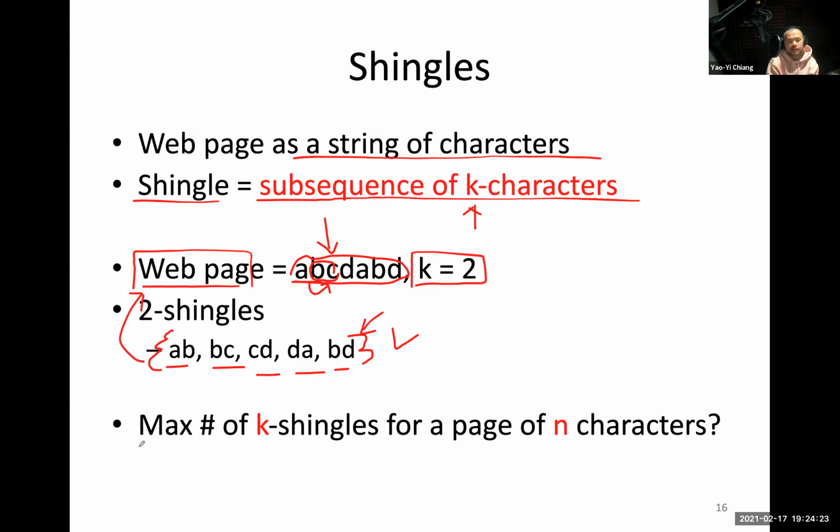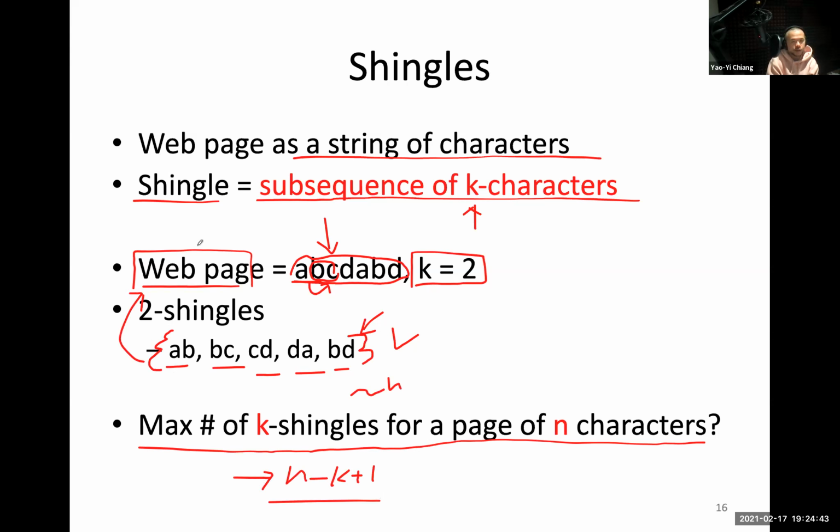So what would be the max number of k-shingles for a page of n characters? I think it's n minus k plus 1, something like this. But usually we are looking at a really large n, because your web page could be thousands of characters. And your k is typically a small number, because you don't want a really large k.